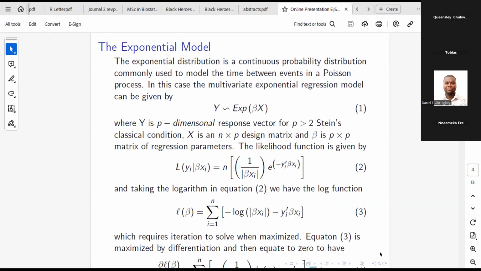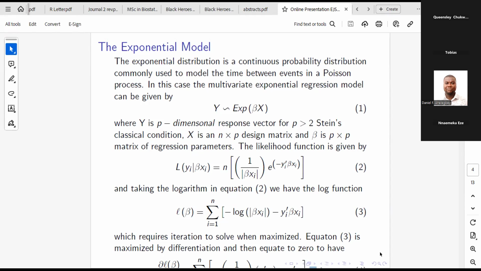So I'll start with the exponential model and how we get the maximum likelihood estimator for the exponential regression. We know that the exponential regression is a non-linear regression, and therefore to get a maximum likelihood estimator is not an easy task, because we would require methods like Newton's method, EM algorithms, and other methods for iterations.